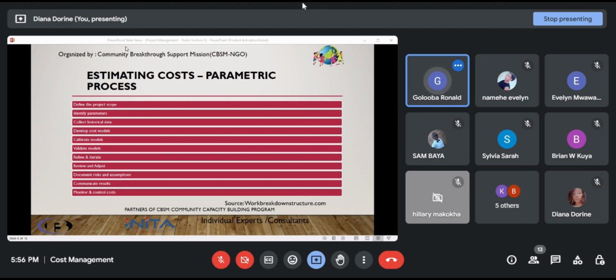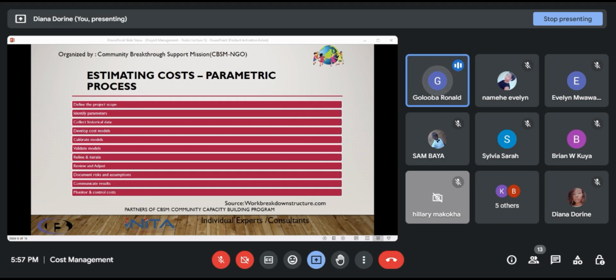Then once you have the cost models, depending on the different parameters that you have, you develop the cost models, and based on the identified parameters and historical data, this can take the form of a mathematical equation or algorithm that relates project characteristics to the cost estimates. So basically, you are looking at the costs in terms of an econometric equation, and you are using that to estimate your costs.